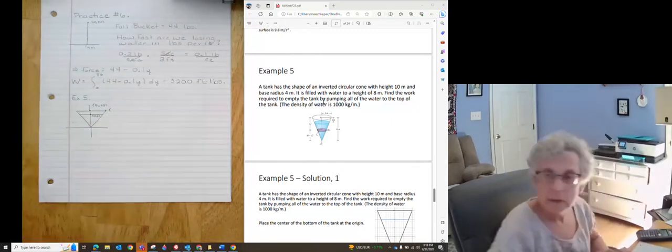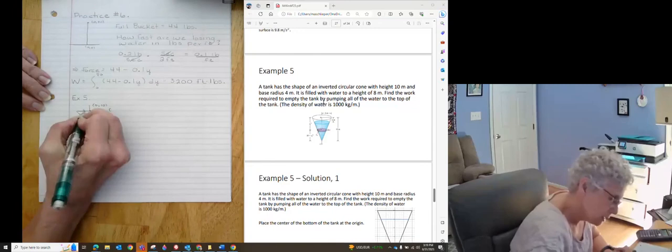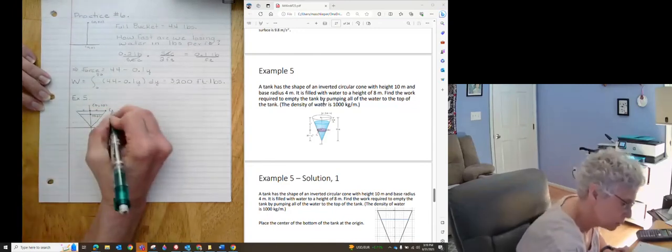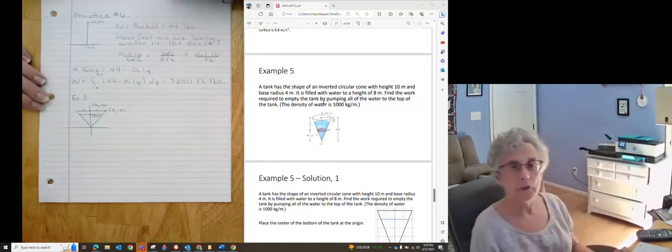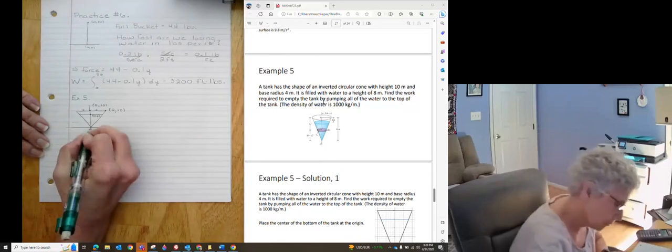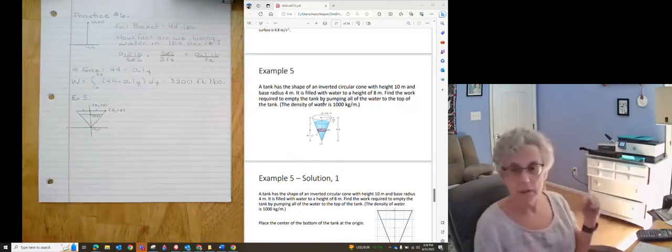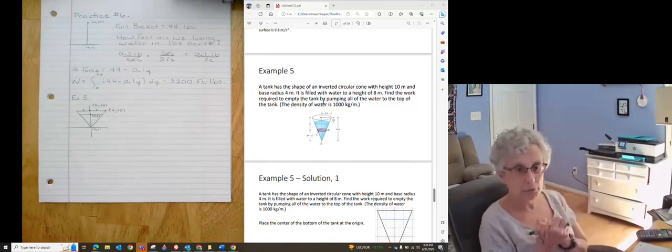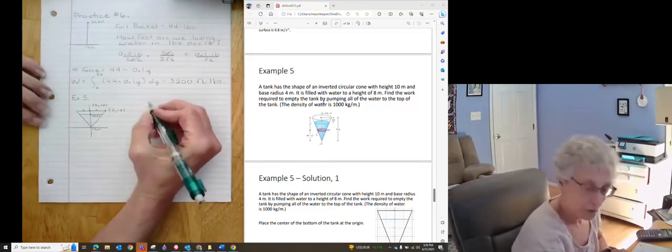Its base radius is 4 meters, so it has 2 meters over here and 2 meters over here, so this is the point 2, 10. And this is the origin, 0, 0. So I got everything labeled for myself. This is a side view.